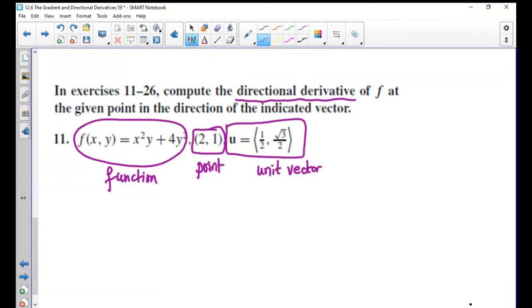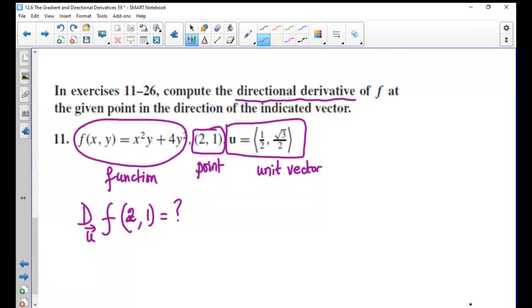So I want to find the directional derivative of f in the direction of the vector u at the point 2, 1. So what do we need to find here, girls? How are we going to get this directional derivative? Yeah, we need to find the partial derivatives.